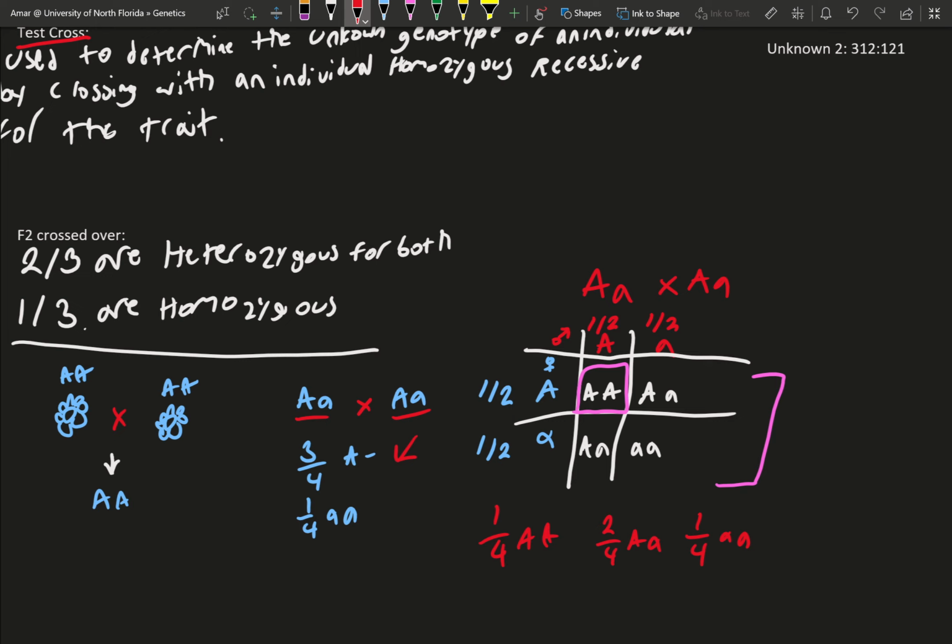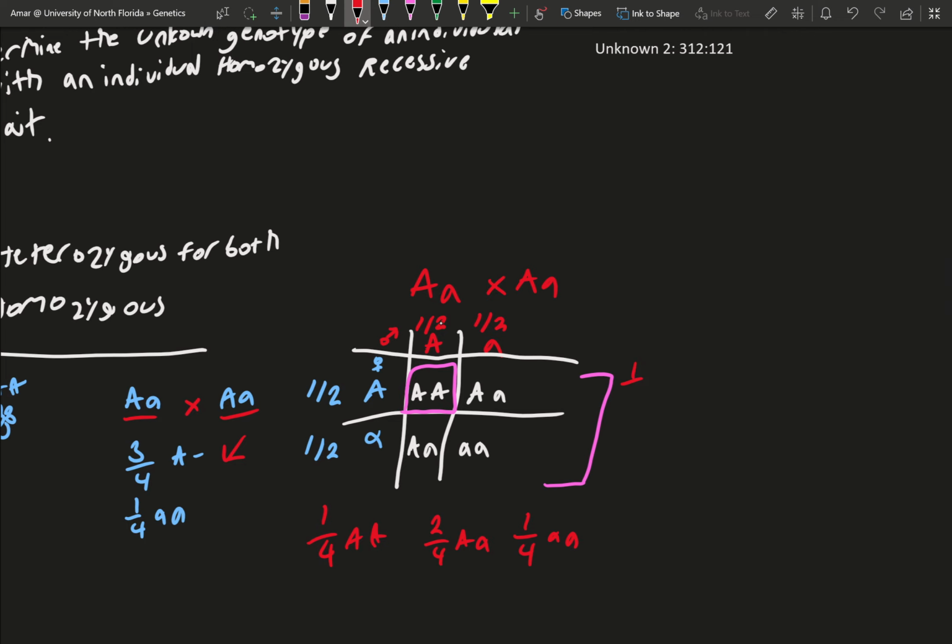If we're trying to combine big A and big A from both the male and the female, we multiply 1/2 by 1/2 to get big A is 1/4. Same thing we're going to do with big A little a: 1/2 times 1/2, it's big A little a, and then 1/2 times 1/2, it's little a.